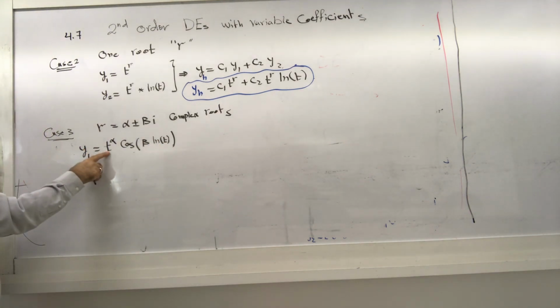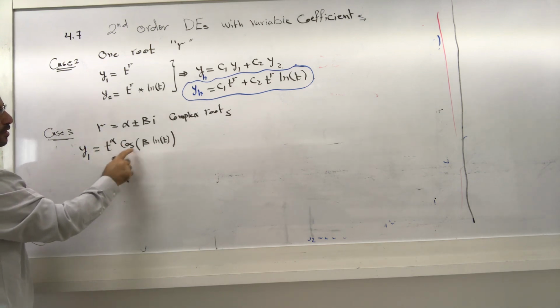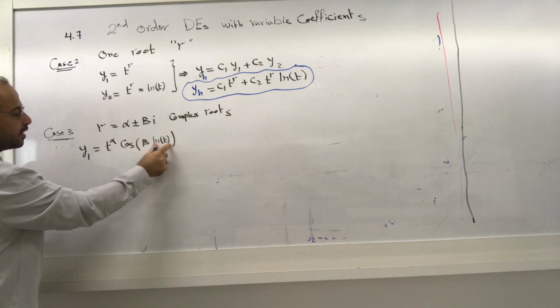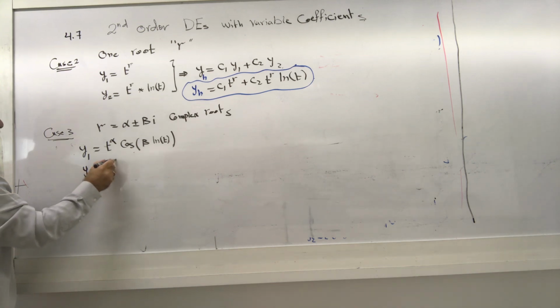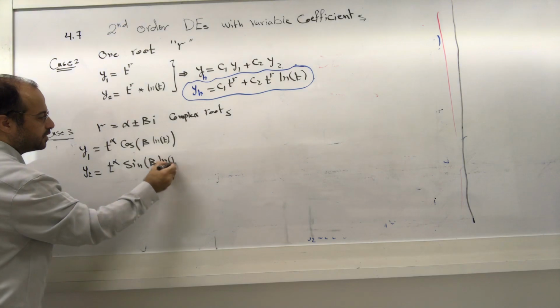So here was e alpha t before, now it is t power alpha. Here we had cosine beta t before, now we have cosine beta ln of t. Now y2 will be t power alpha sine beta ln of t.